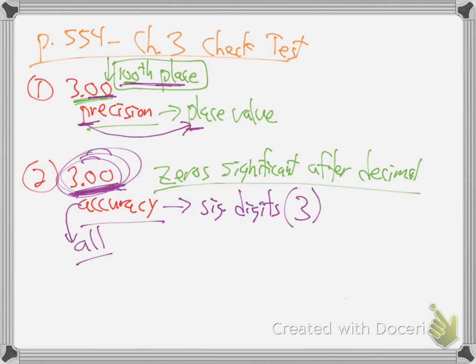Let's go back and compare. How about precision on the previous problem? What was the last digit that was significant? Is this 0 significant? Yes, because it was after a decimal, so it matters. So it's the last digit that's significant. What place is it in? The hundredths place. Anything to the right of the decimal has the TH. Things to the left don't.